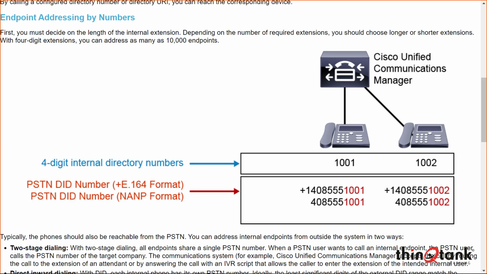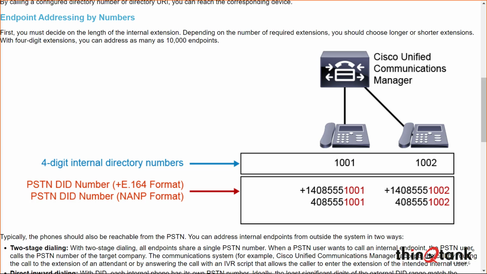The book defines two types of dialing. Two-stage dialing is where you dial an auto attendant, and then from the auto attendant you enter the extension of the person you're trying to reach, and based on that, the call gets routed to that individual.